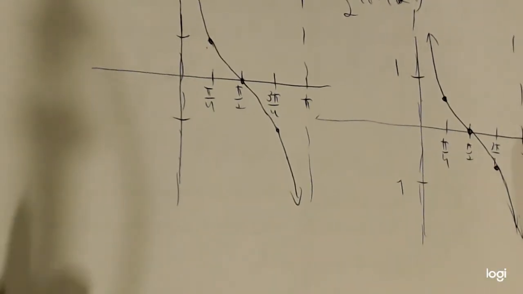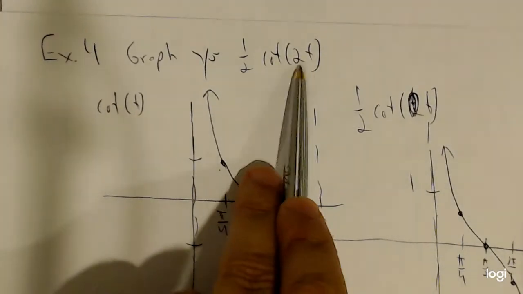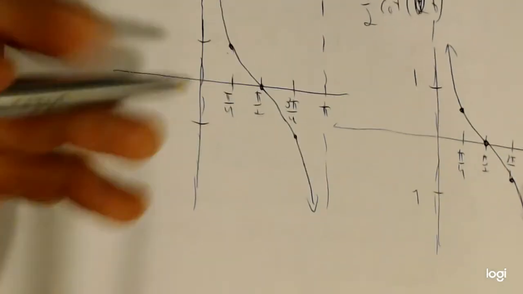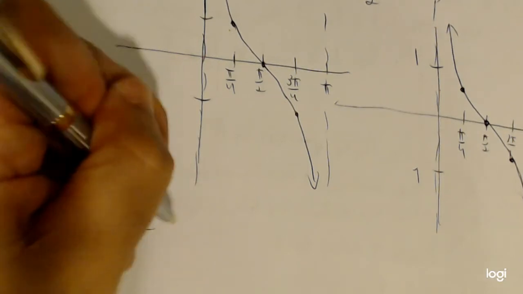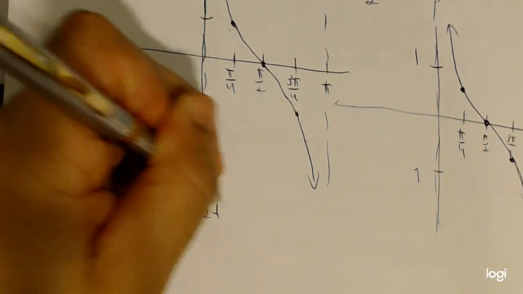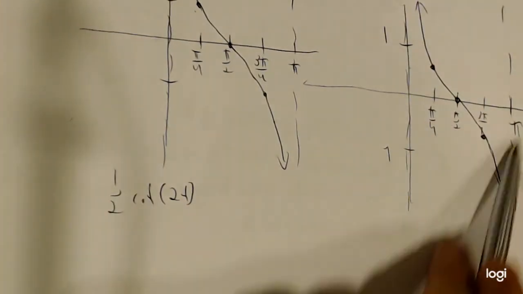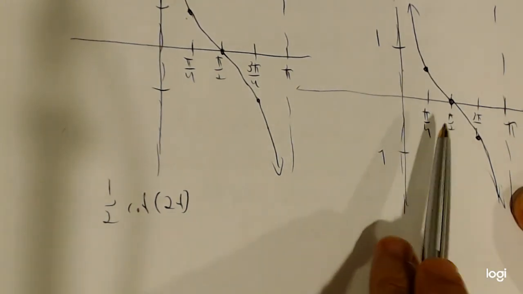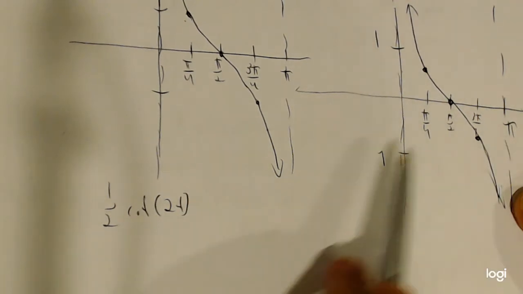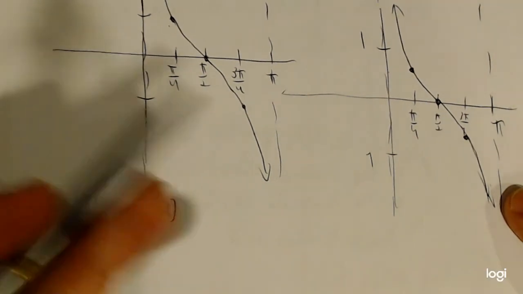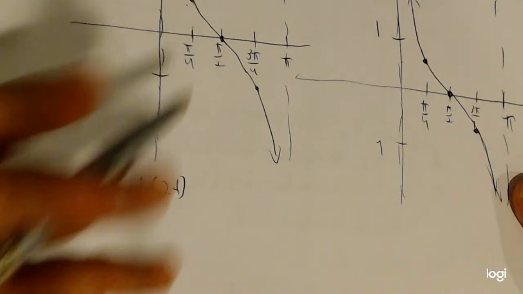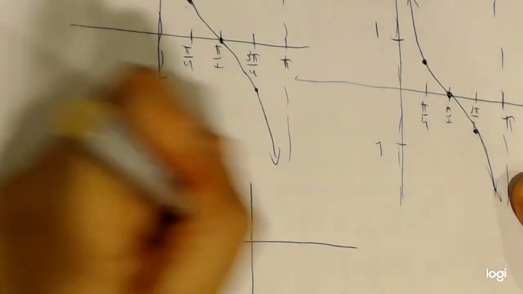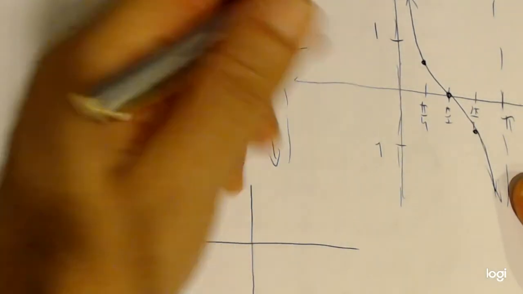So then lastly, what is it that we need to take care of? We need to take care of the 2t, which means this becomes 1/2 cotangent of 2t, which is saying now we're going to go to this graph, and what are we going to do? We're going to divide all the x values by 2, or instead of dividing, we could also say we're multiplying them by 1/2. Okay, so notice how over here this has an x value of 0.